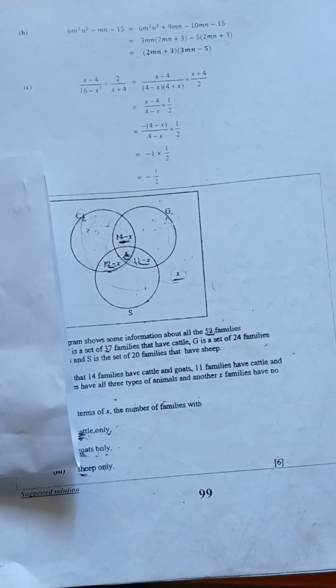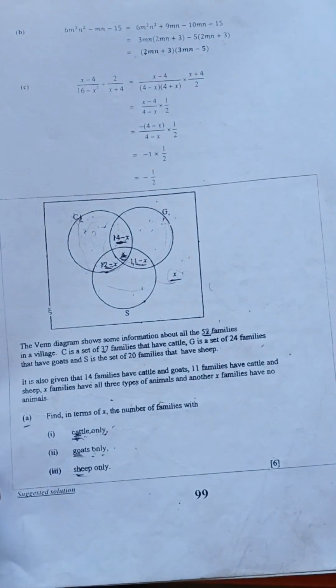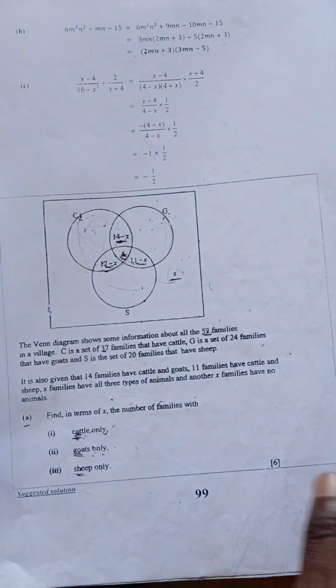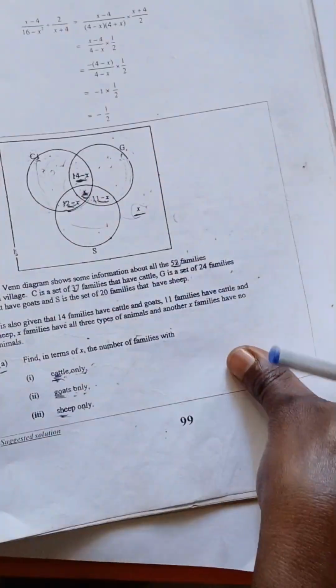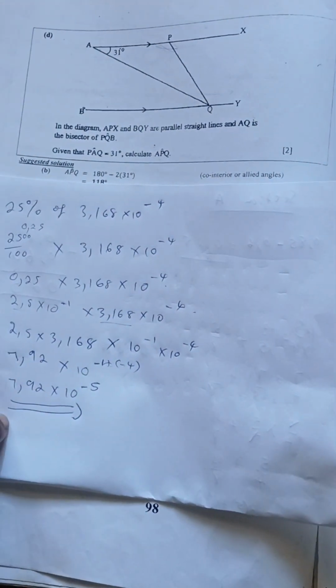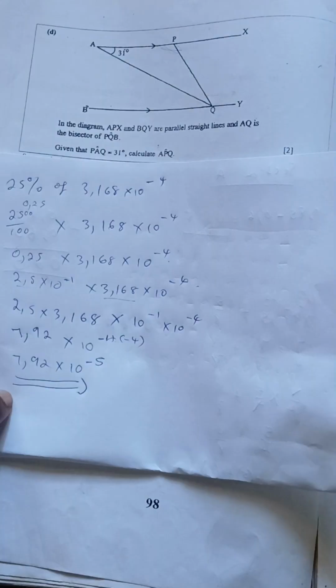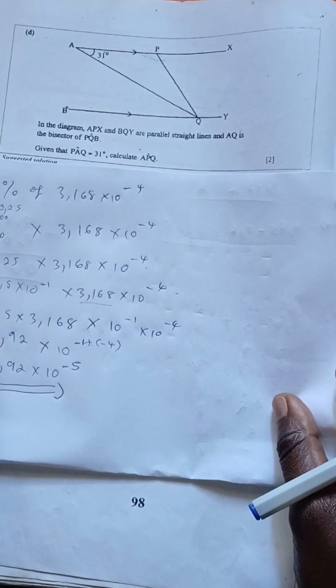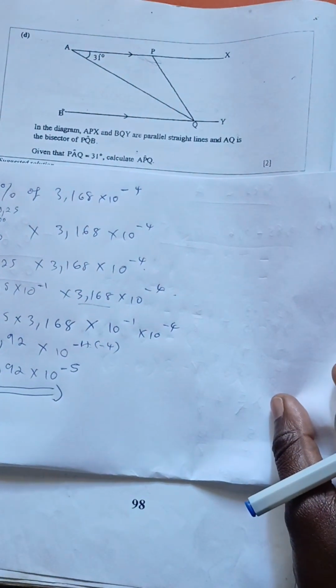So let's see our next question, we have this B part question. So this is our diagram.